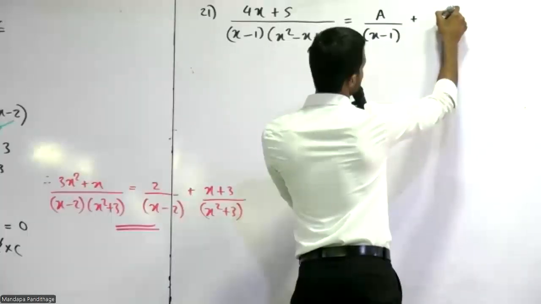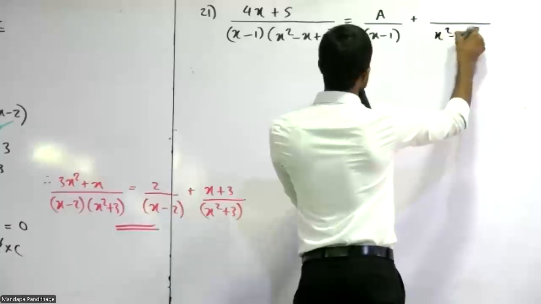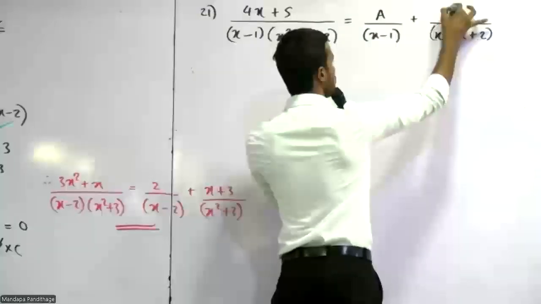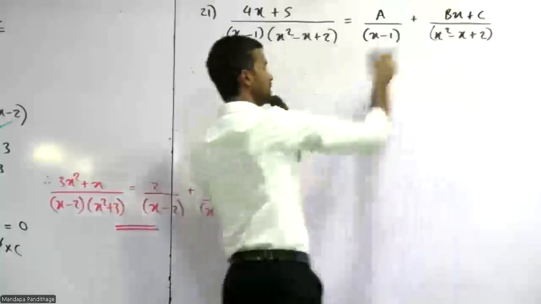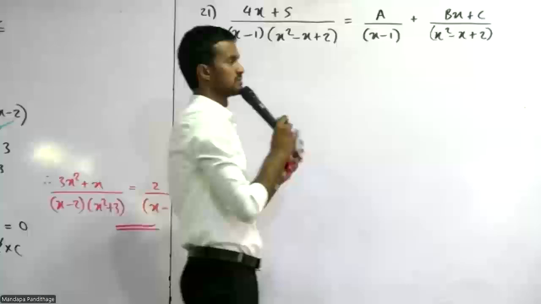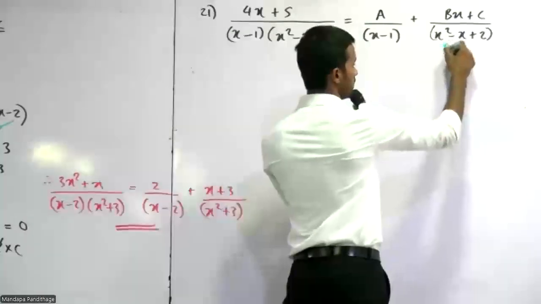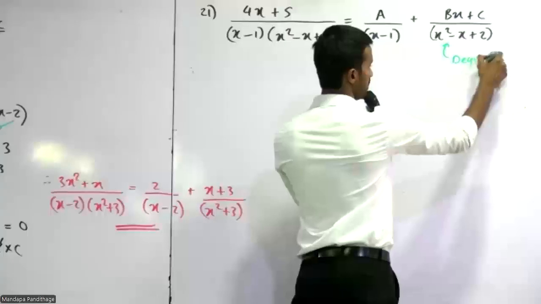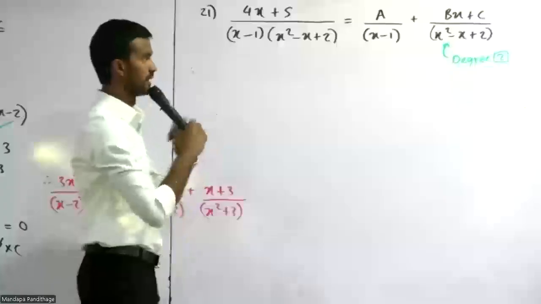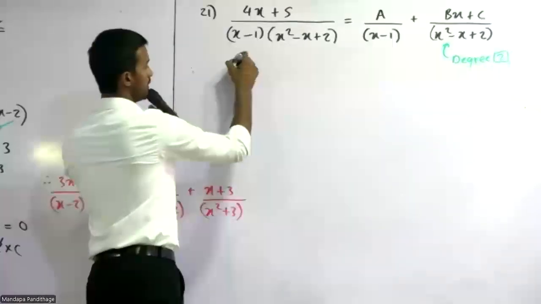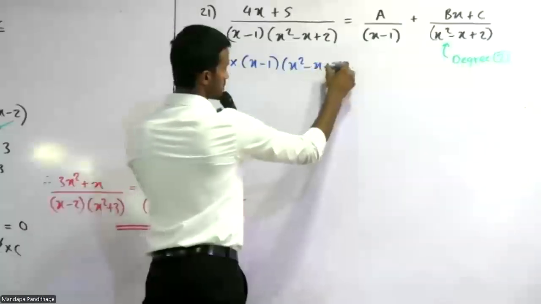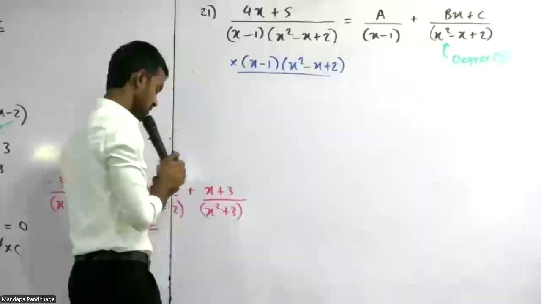Then for x squared minus x plus 2, the degree is 2. Put a first degree polynomial, ideally Ax plus B, but since we have used A, it's Bx plus C. Same thing, because x squared minus x plus 2 is a second degree polynomial. Okay, then multiply by (x minus 1)(x squared minus x plus 2). What do I get? 4x plus 5.